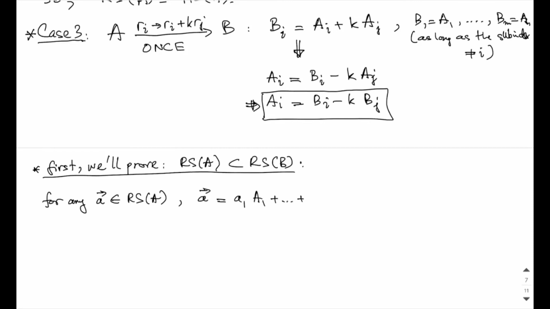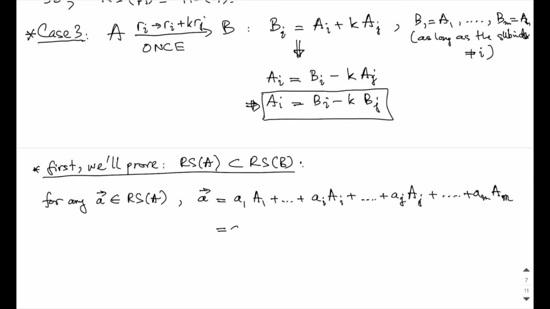At a certain time, you will hit the ith row of A, so ai times the ith row of A, dot dot dot. And at a certain time, you will hit the jth row of A, so that's going to be aj. And then you keep moving until you have the last one written down. Remember here the index is m because we have m rows versus n columns. So be clear.